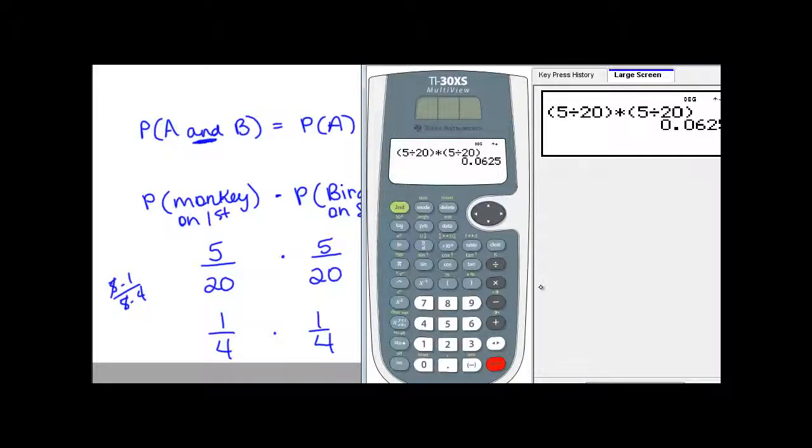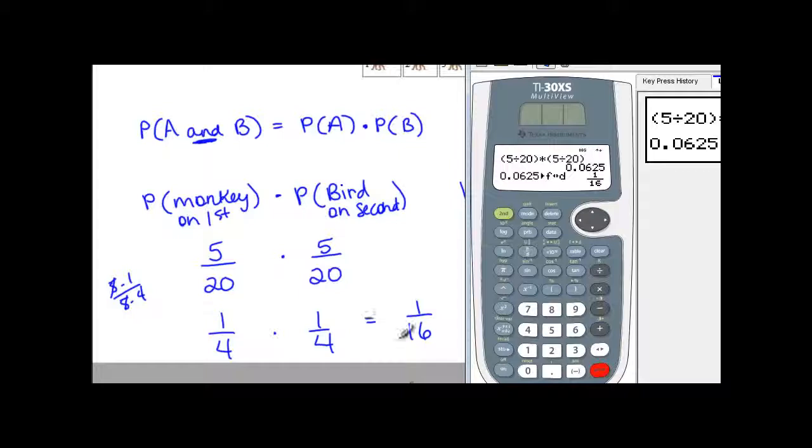It does say type an integer or a simplified fraction. So we can change this decimal back to fraction form by second and the table key, which would give me 1/16, and that's what we got here as well.